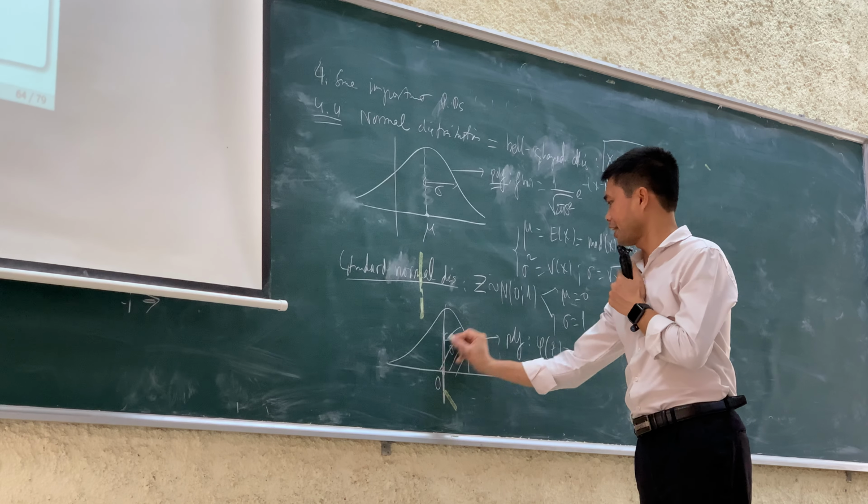So the area is the integral from minus infinity to z of the density p(x) dx, the integral from minus infinity to z of 1 over square root of 2 pi e power minus x square over 2 dx. And to find the value of this function, we look at the table number 3 in the appendix.